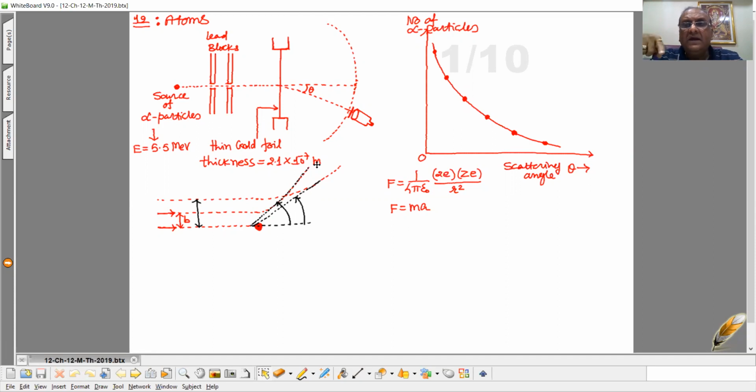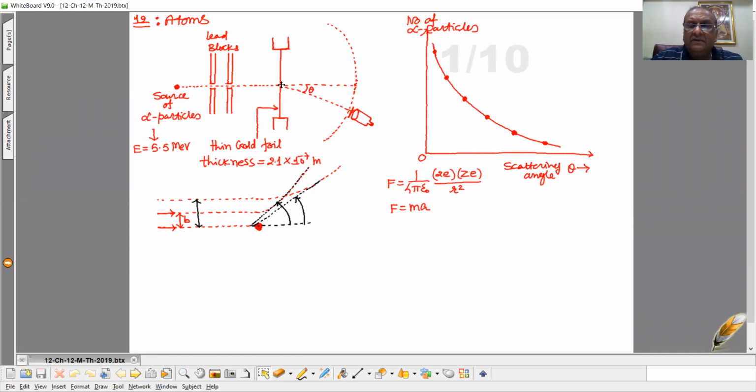Okay, now the alpha particle possesses 2e unit positive charge, and when a head-on collision takes place, it implies that when the alpha particle collides with the atom and rebounds, it scatters at approximately very close to 180 degrees.